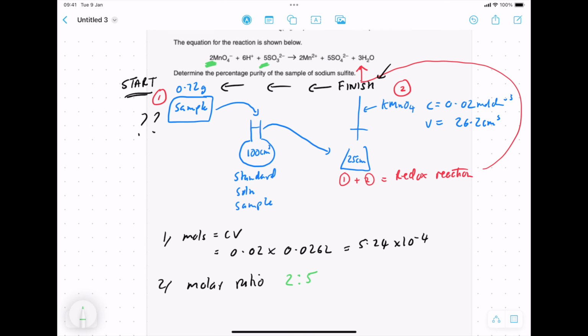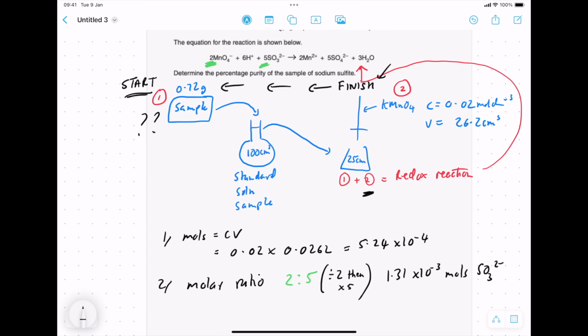So to get the moles of sulfite, I need to divide by 2 and then times by 5. 5.24 times 10 to the minus 4, divided by 2 equals, then times by 5 equals an answer of, and I'll just put in brackets here what I just did: I divided by 2, then I times by 5 because it's a 2:5 ratio. Okay, so that's the moles of SO32- that is reacted in the flask.